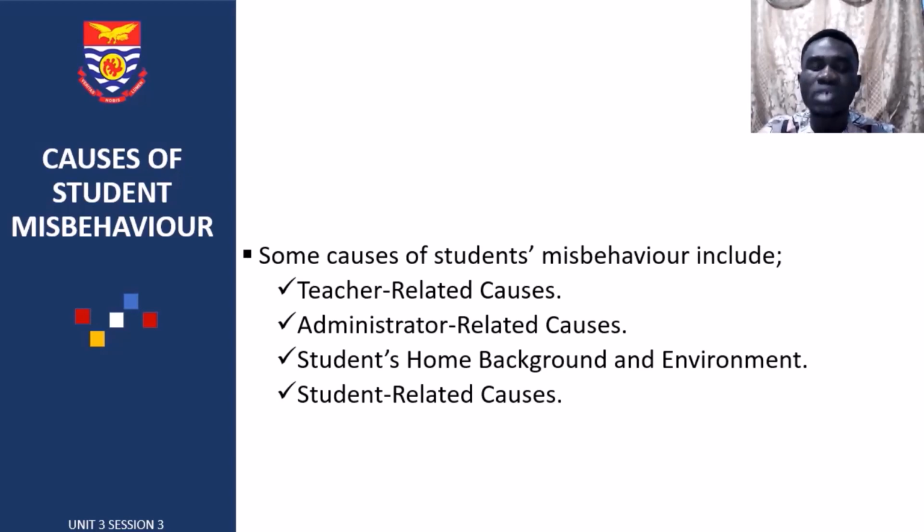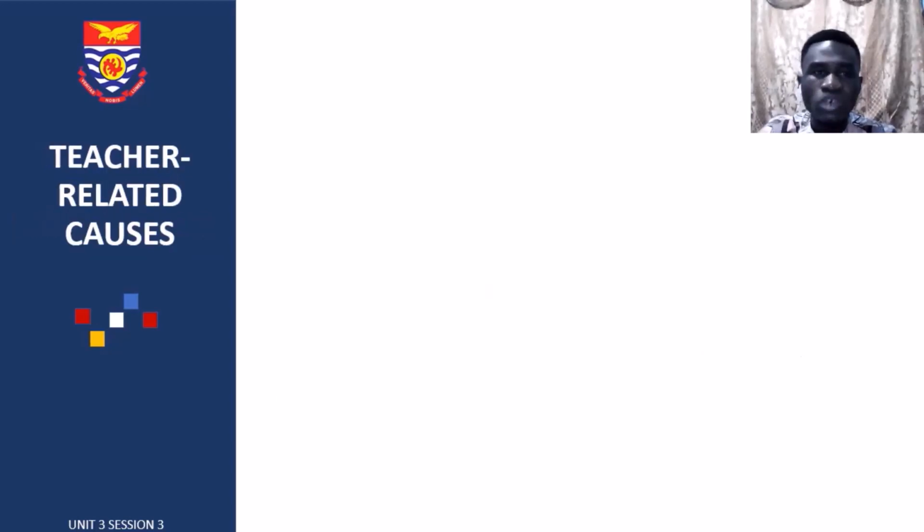Now let us look at how a teacher is able to cause student misbehavior, how administrators, students' home environment, and students cause their own misbehavior. So, teacher-related causes. There are teachers in class, sometimes the way we present issues, the kind of things we say in class are sometimes likely to bring about students' misbehavior.